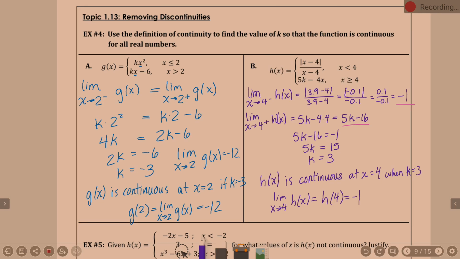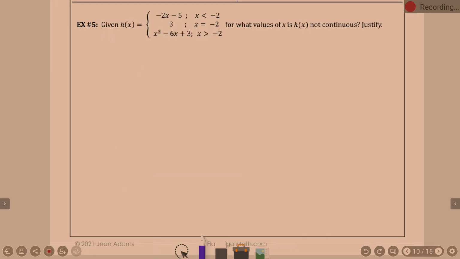Okay. Example 5. Given h of x, piecewise, this is a good one to look at. For what values of x is h of x not continuous? So notice it says for what values of x.